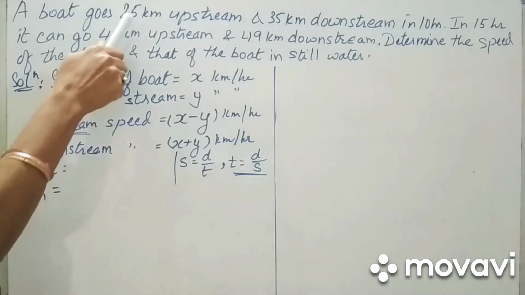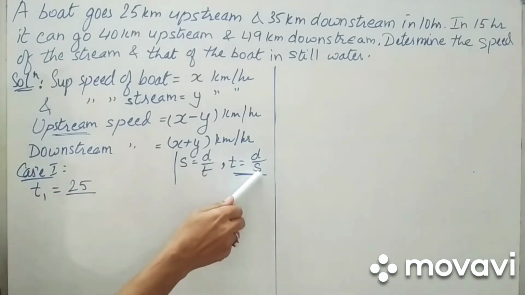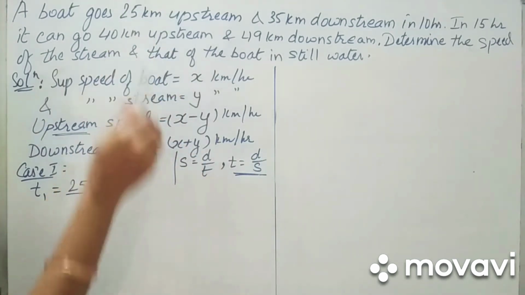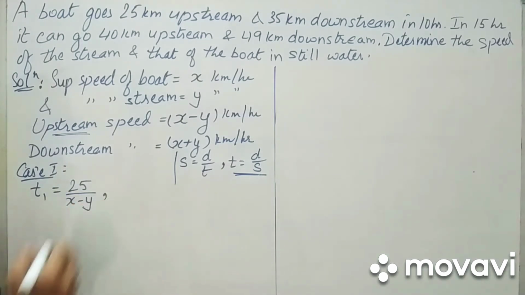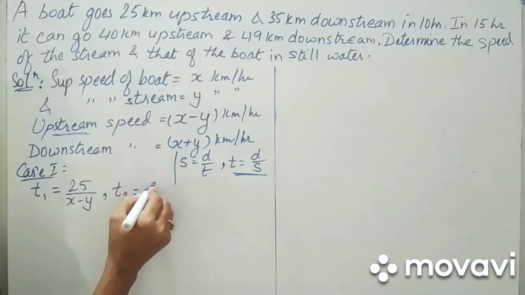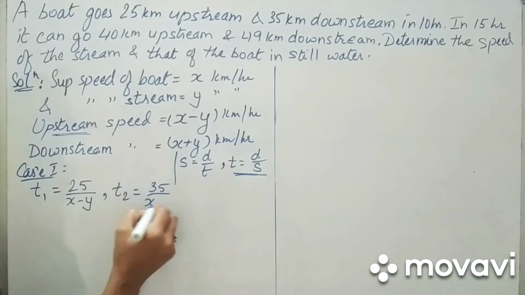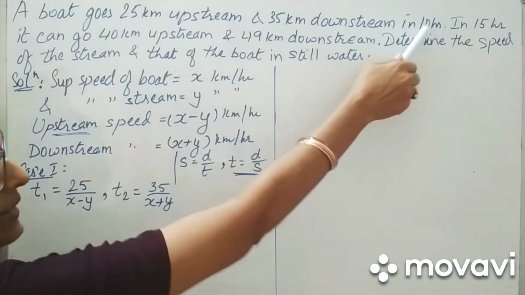T1 is the time for 25 km upstream, and upstream speed is x minus y, so I write x minus y. Same way, T2 is equal to 35 distance upon downstream speed, meaning x plus y. So both distances are covered in 10 hours.